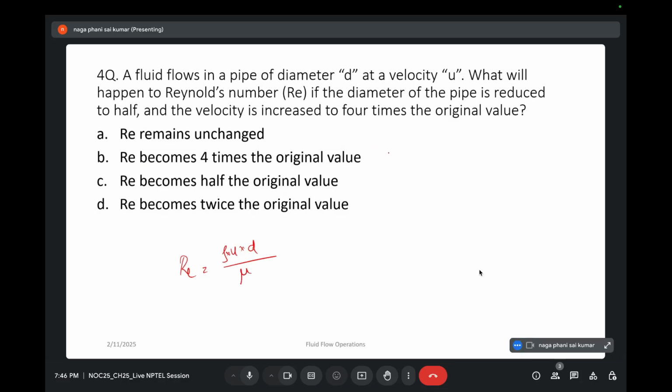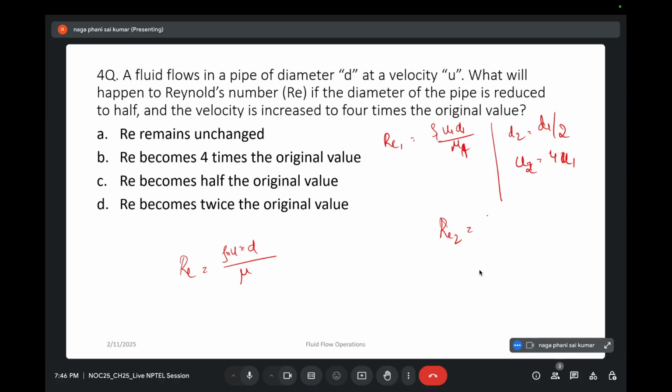So let's say RE1 is rho1 into U1 into D1 by mu1. In this case, the diameter is reduced, so D2 will be D1 by 2, and U2 will be 4 times U1. Let's substitute it and see what RE2 is.